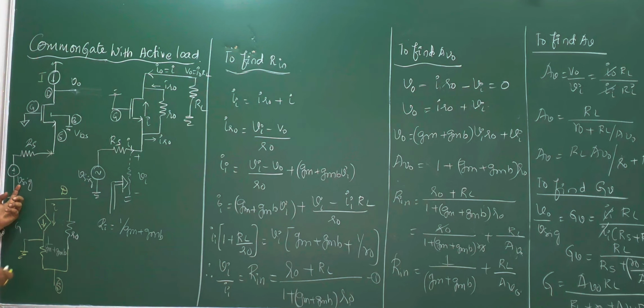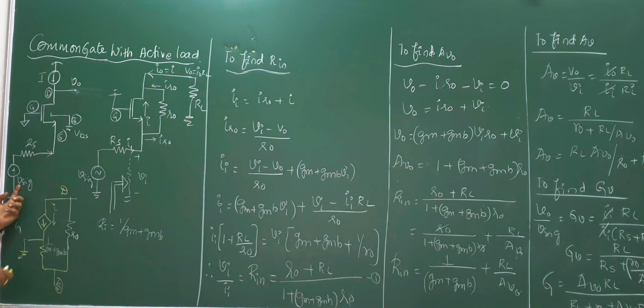Now we have just derived the Rn expression in terms of RL. In this equation, Vi divided by Ii is equal to the input impedance Rn. Expression 1 which we have derived is (R0 plus RL) divided by 1 plus (Gm plus Gmb) into R0. Three different forms can be written for this equation.